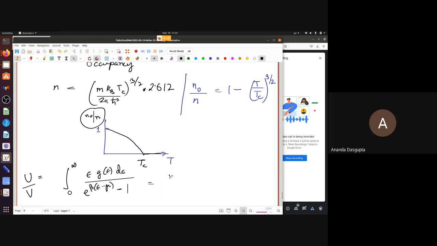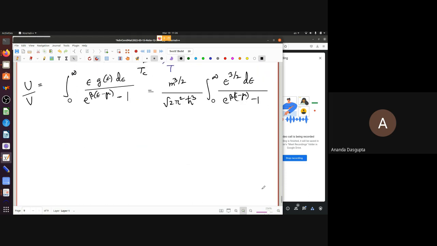And if you carry out this calculation, it can be done very similarly. It's going to be m to the 3 by 2 by root 2 pi squared h cross cubed. That's coming from the g of epsilon, which goes as epsilon to the half. We have an extra epsilon there, so epsilon to the 3 by 2 d epsilon over e to the beta epsilon minus mu, minus 1.